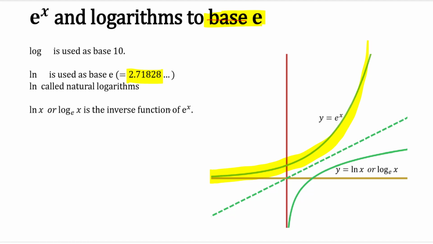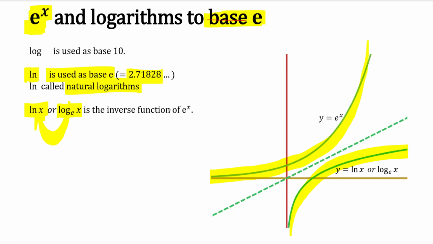So when we take base as e, it is the exponential function e to the power x, and the inverse of this e to the power x is ln x. Ln we call natural logarithm. Ln is base e, so we can write either ln x or log x base e. It's difficult sometimes, so it's easy to write ln x, and ln x is the inverse function of e to the power x.